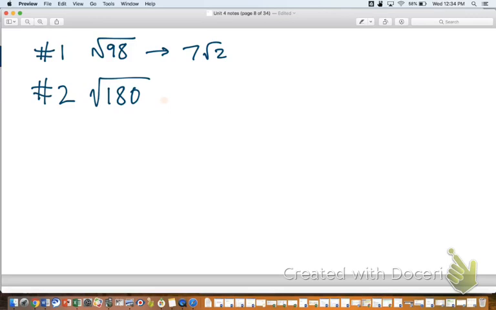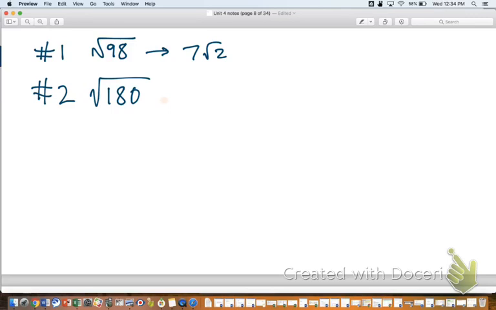Callie did it wrong too. You get 12. Josh.